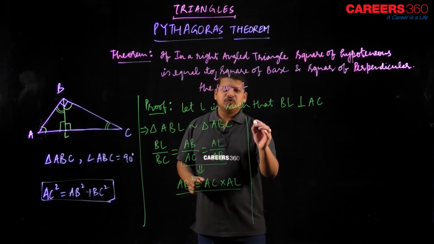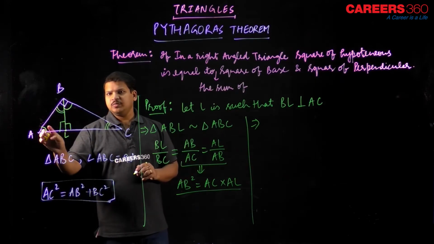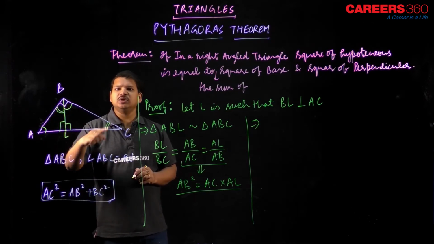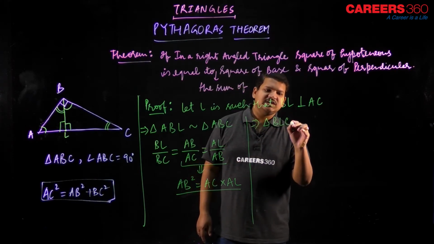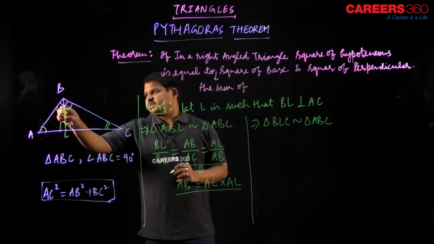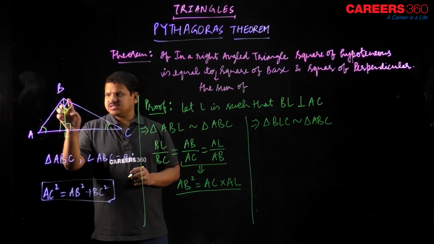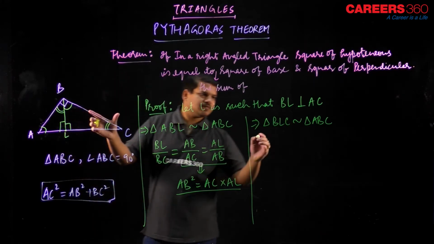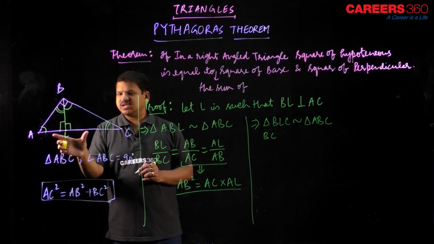Now, firstly this triangle 1 is similar to the bigger triangle, and this triangle 2 is also similar to the bigger triangle. So let's use that result. Triangle BLC is similar to triangle ABC. Looking at this smaller triangle, the side in front of 90 degrees is BC, and in the bigger triangle the side in front of 90 degrees is AC.